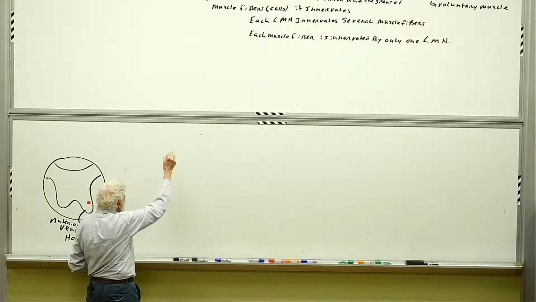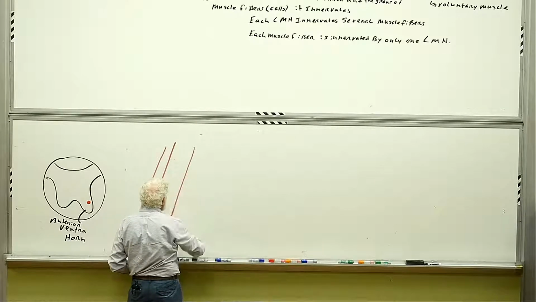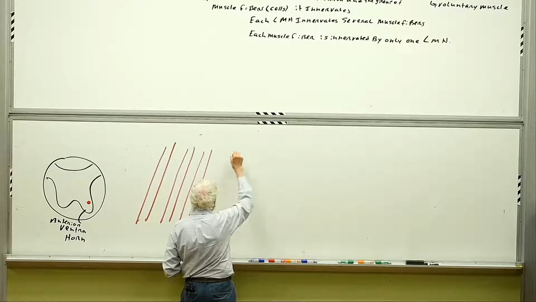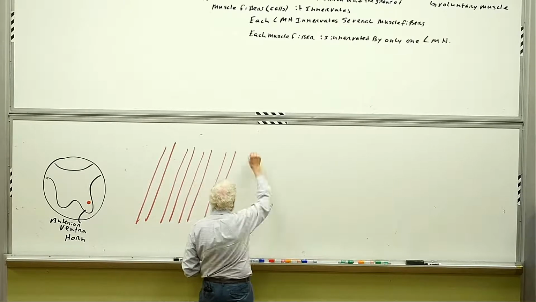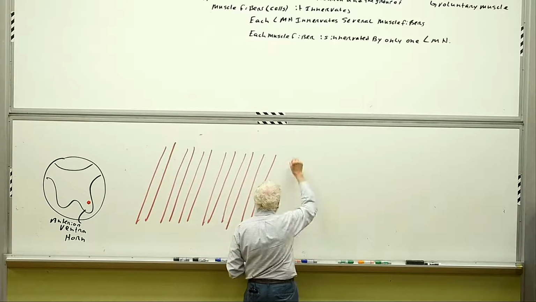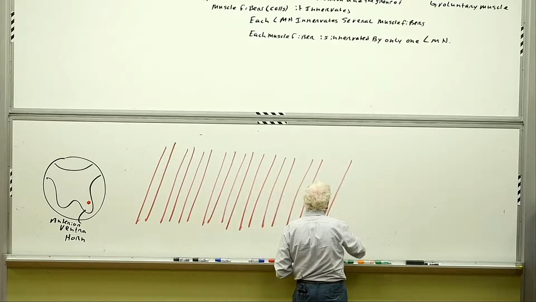And then over here, I'm going to draw a series of parallel lines. And each set of these parallel lines is meant to be a muscle fiber. I'll have to number them to keep them straight here in a minute.